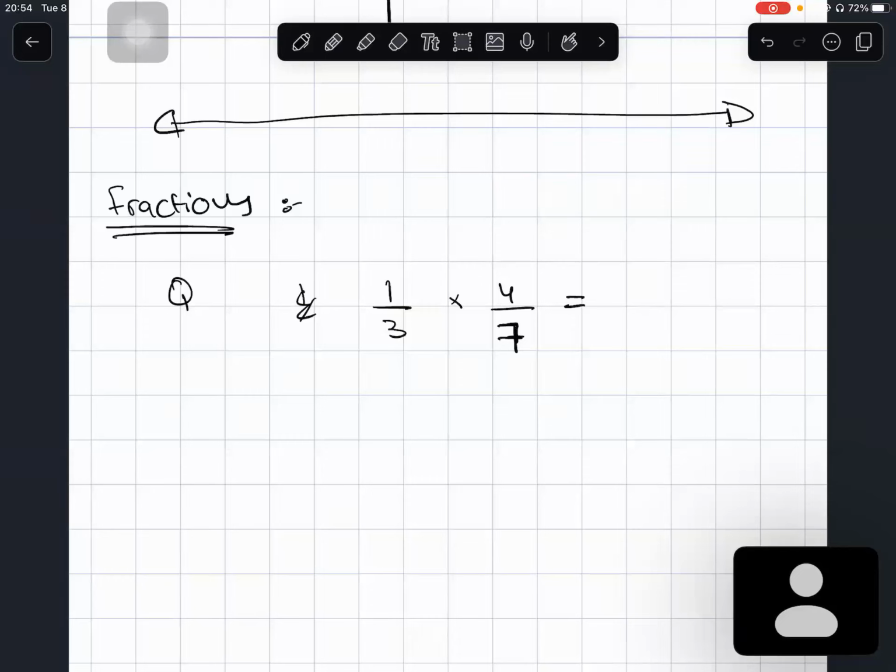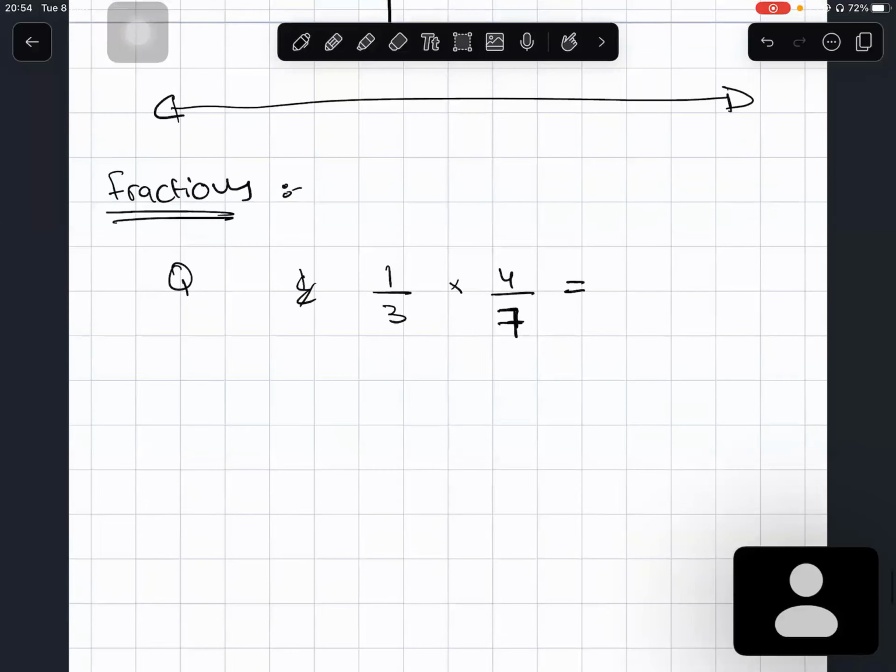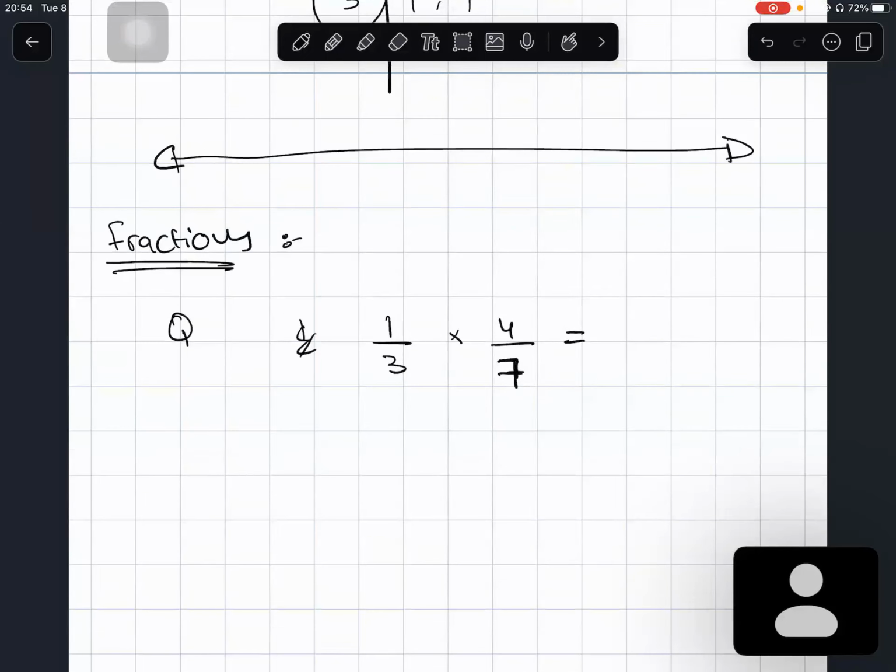We'll do multiplication and division now because addition and subtraction would require you to be very, very handy with LCMs. So we'll do addition and subtraction in our next class when we do get handy with LCMs. Prior to that, we can get to division and multiplication because it's rather easy because it doesn't require you to take LCMs. So for example, this particular question, it is very basic, Dania. What you need to do is you just need to multiply the numbers which are right in front of each other.